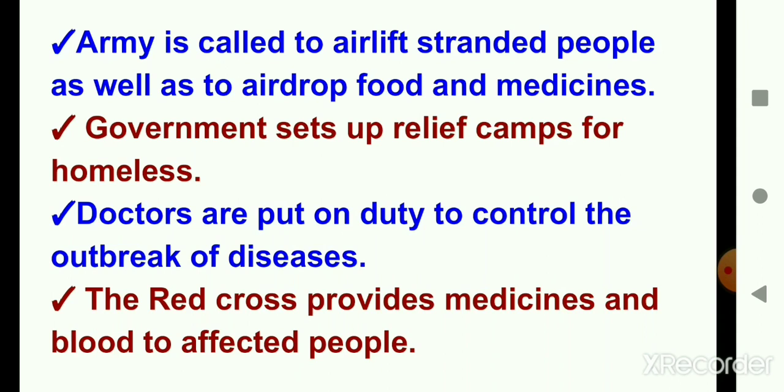Government sets up relief camps for homeless. Even doctors are put on duty to control the outbreak of diseases. The Red Cross provides medicines and even blood to affected people.